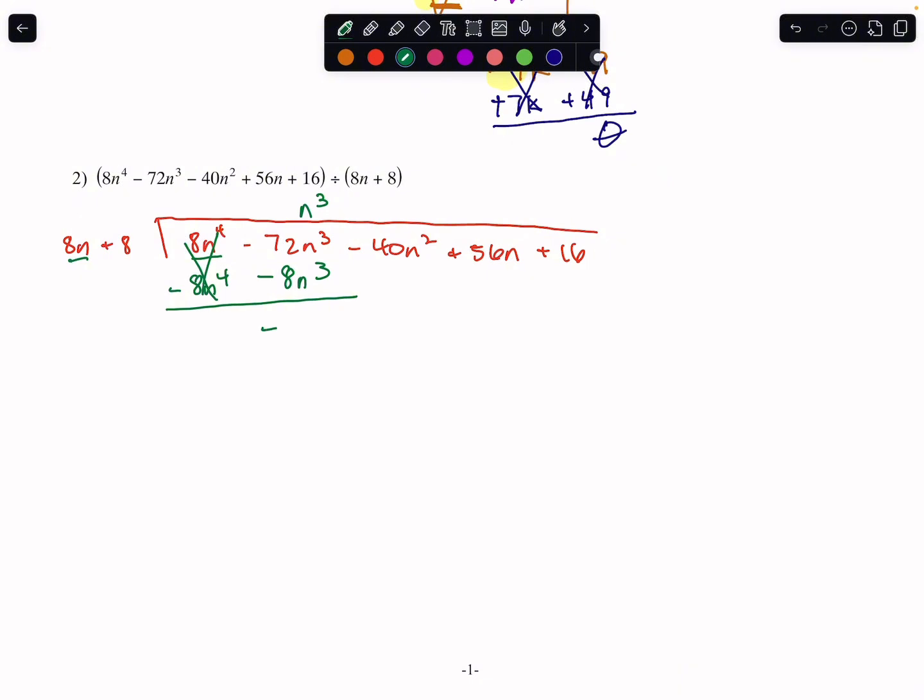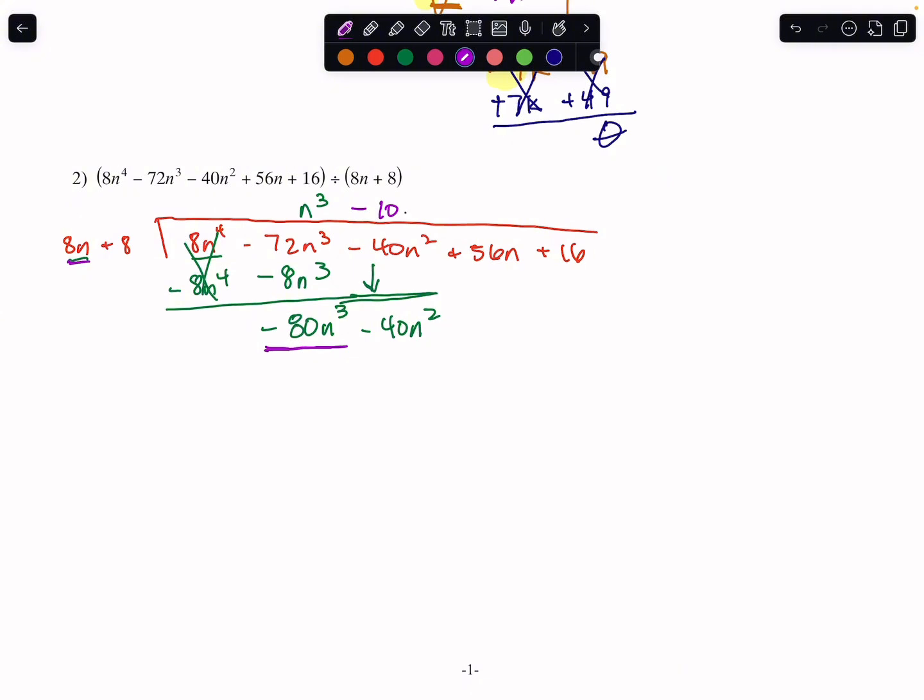Okay? Now, what we have to do is figure out, now we're going back over here, 8n times what gives us this 80n cubed? Well, 8 times negative 10 is going to give us the 80. And if I divide n cubed divided by n, I'll end up with n squared. So negative 10n squared times 8n is going to be negative 80n cubed.